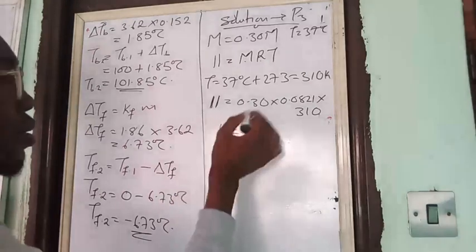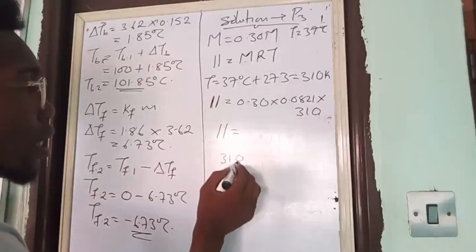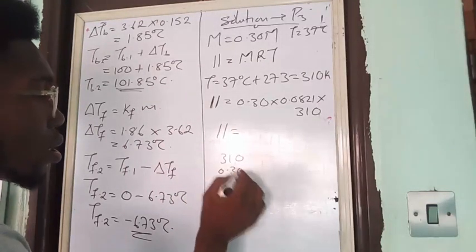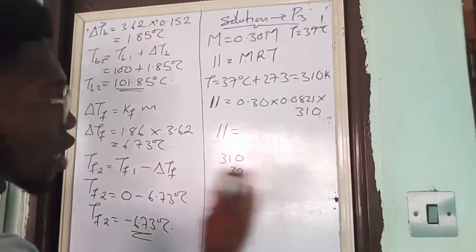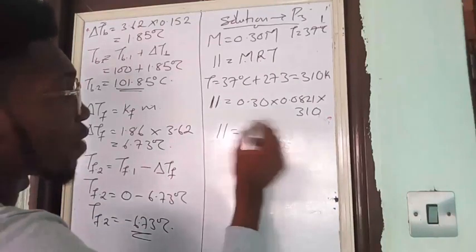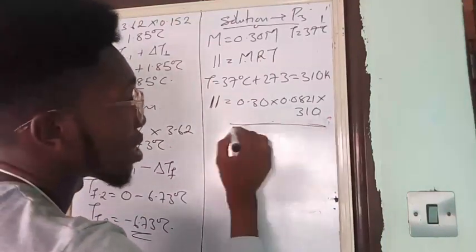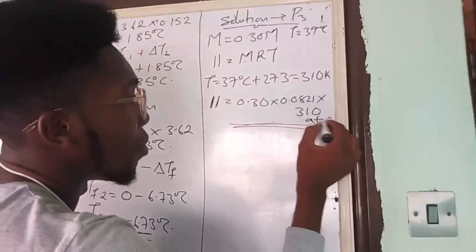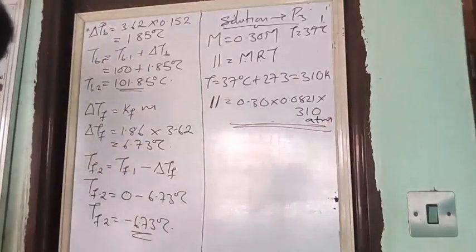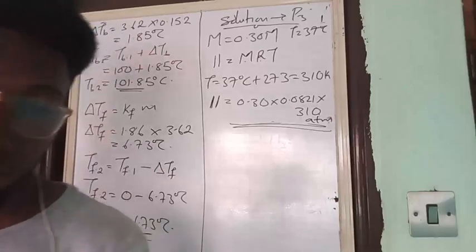Let's see if we can do this. 310 times 0.3. Approximately anyway, whatever you have here is your answer. The calculator is not available right now. It has been taken away.